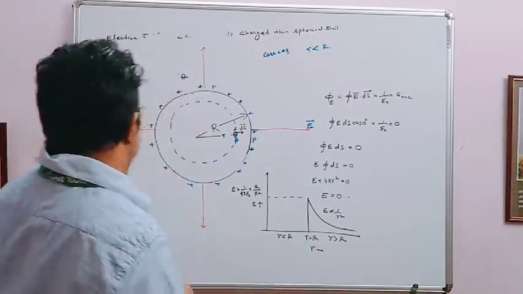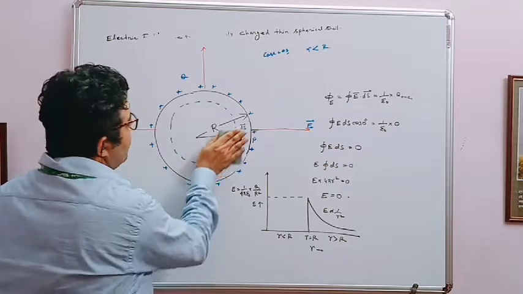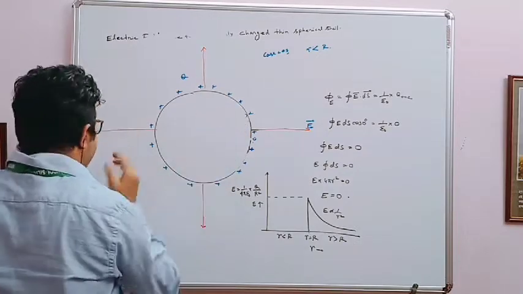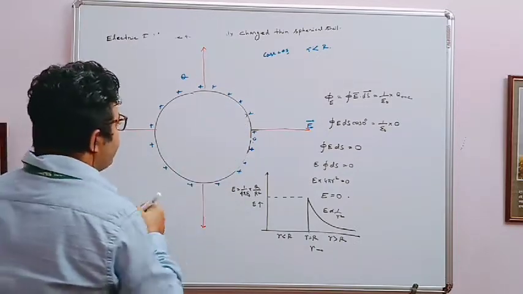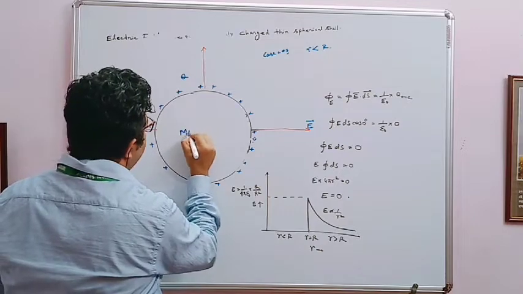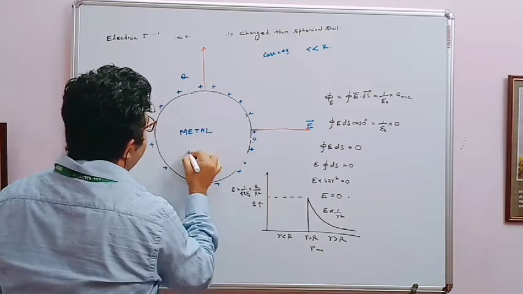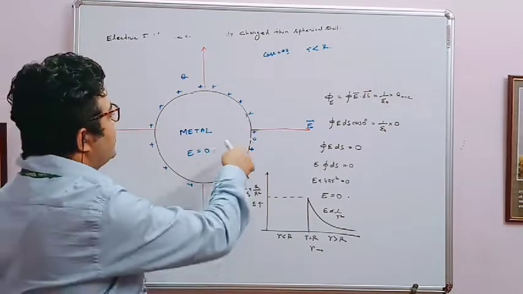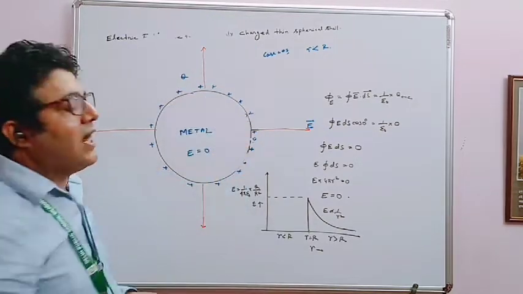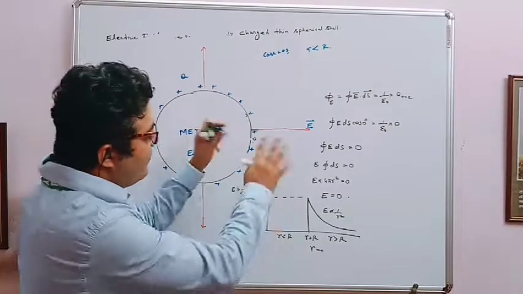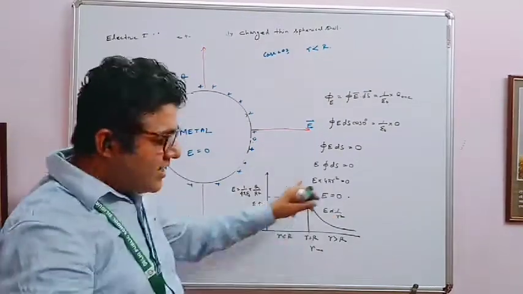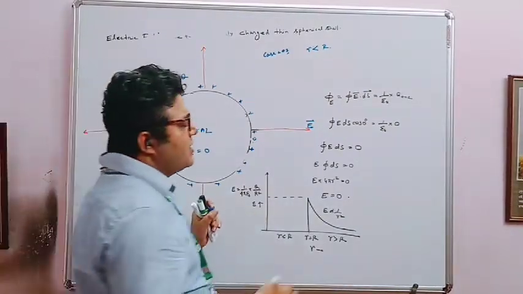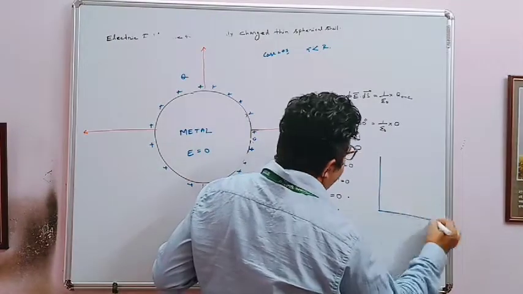If they use a metallic sphere, as it is metal, we know inside the metal electric field is 0. So whatever the charge, it is only on the outer surface. Everything is the same, even the figure is the same, but a little bit different.